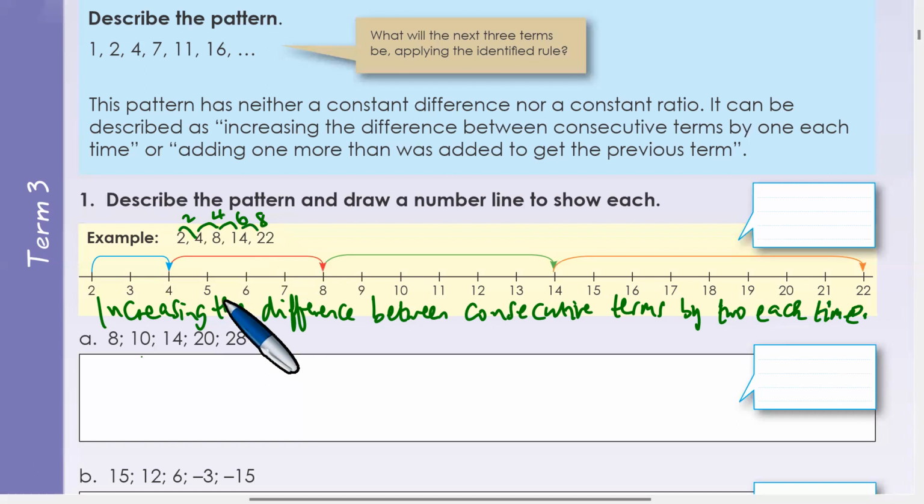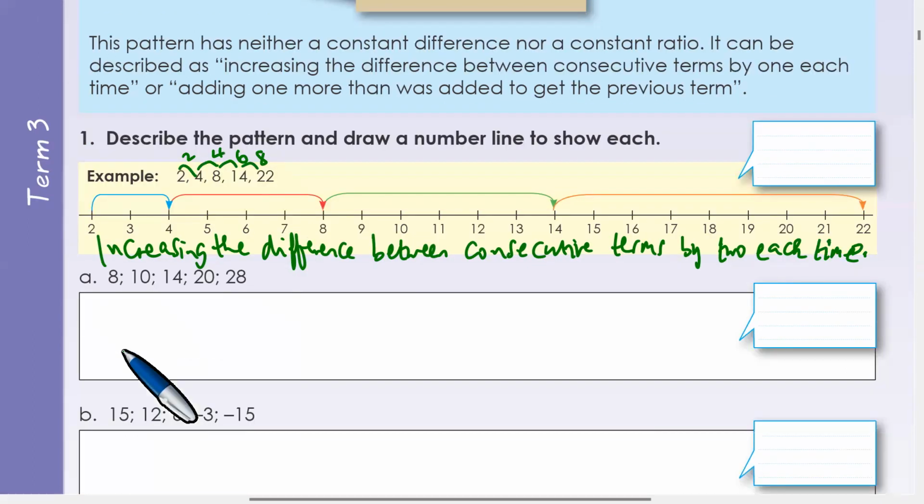Okay, what do you think is happening in A? What pattern is there in A? Is it constant? Is it constant ratio? Obviously, there's a constant difference because here we are adding 2, and then here we are adding 4, and then here you're adding 6, and then here you're adding 8. Because 20 plus 8 is 28.